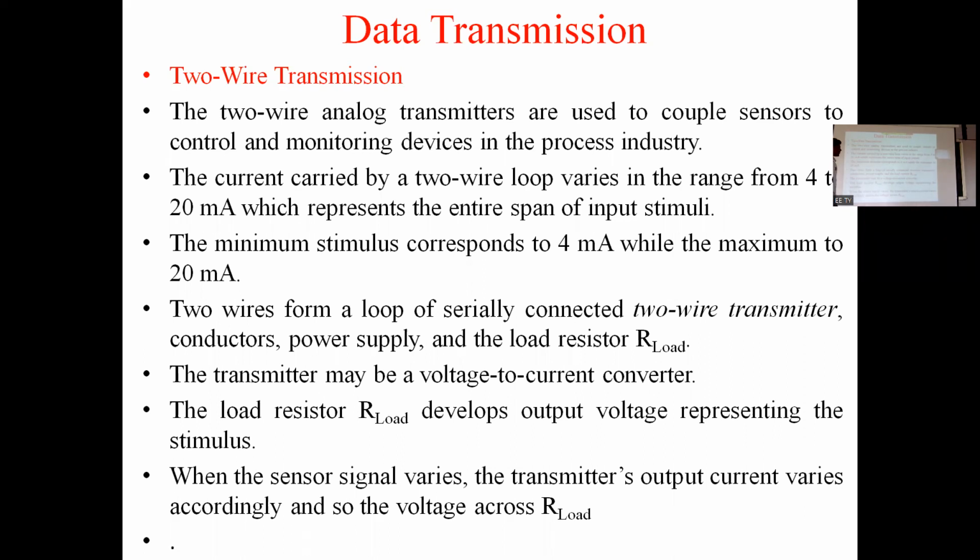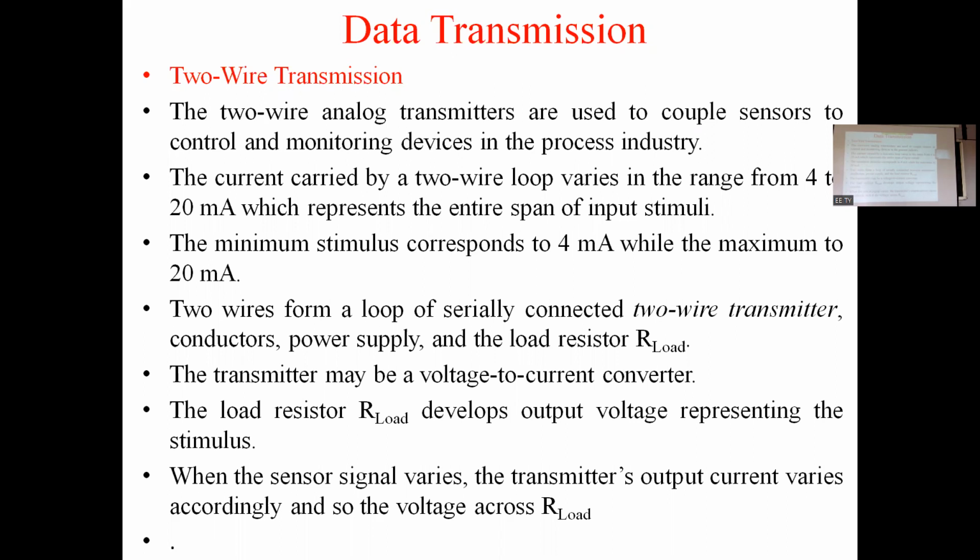Okay, so in this R load, if current flows through any resistor, there is a voltage drop across that resistor. Right? When current flows, a voltage drop is present. So if the current flowing from 4 to 20 milliampere in load resistance RL, at that situation there is a voltage drop present across that resistor.